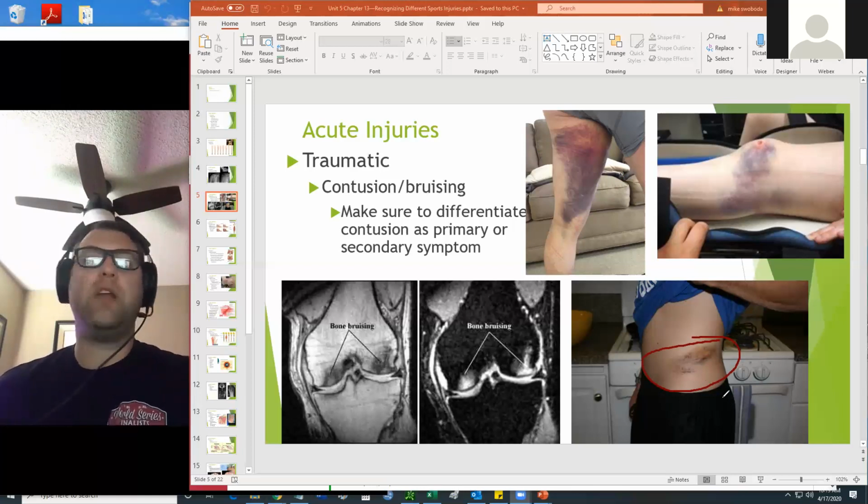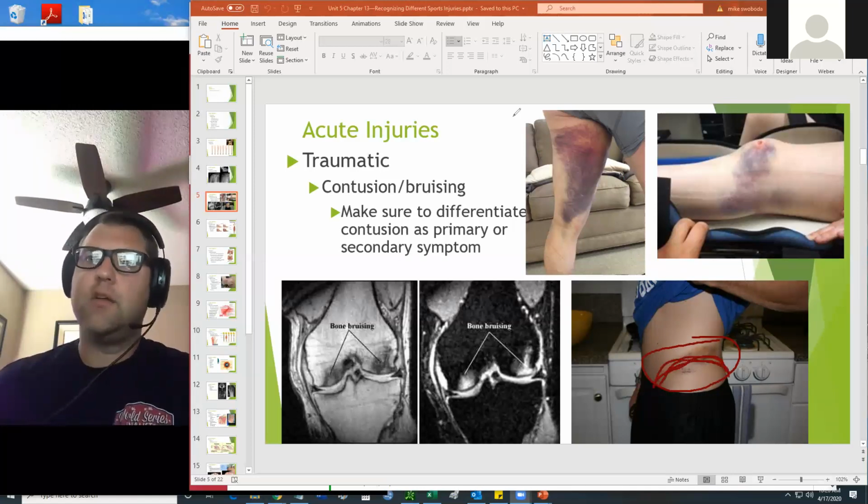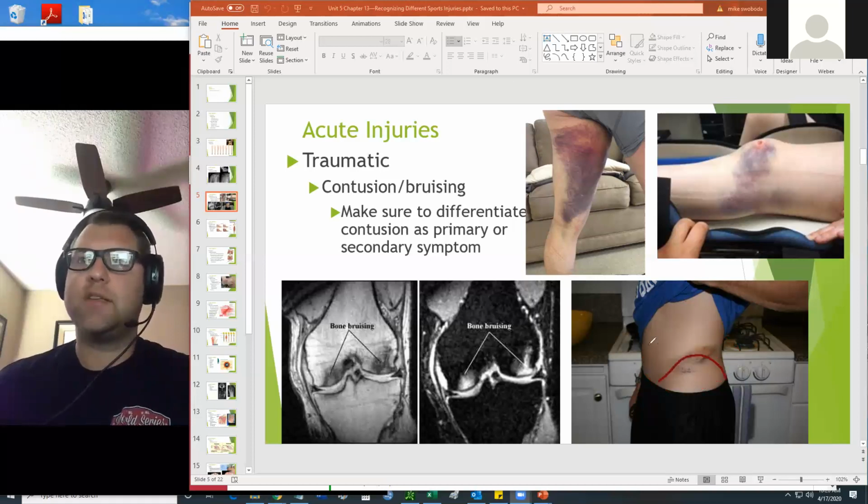A hip pointer is a bruise to the lateral side of your iliac crest, there you are, iliac spine. Sorry, I had a little bit of a brain loss there. But your entire iliac crest looks like this, and it kind of runs just like this.